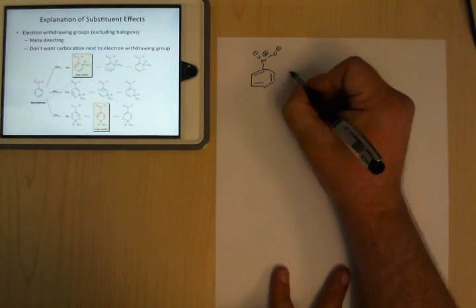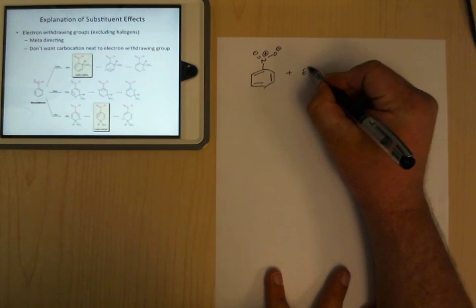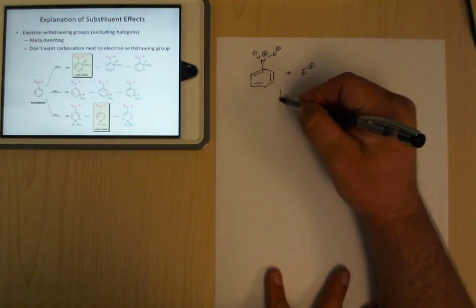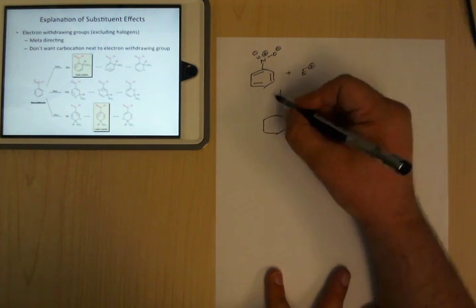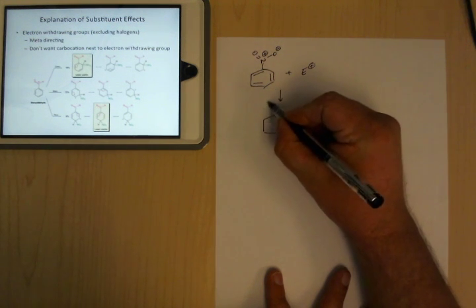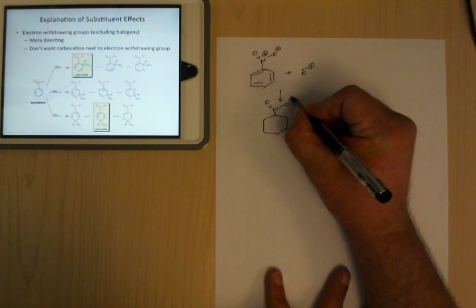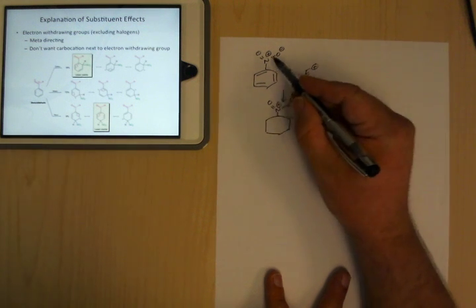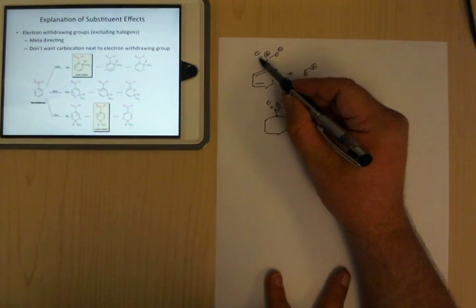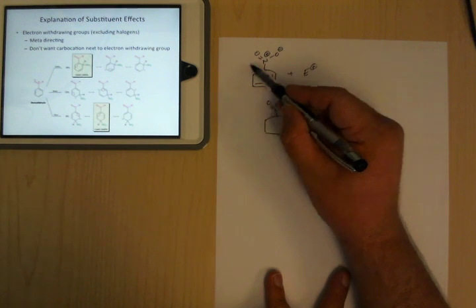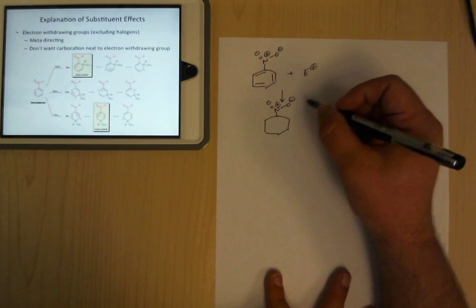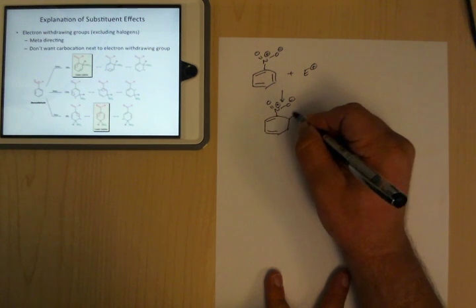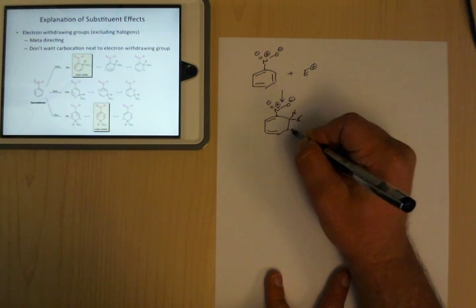Okay, so again, let's say we were going to put this into the ortho position, just like we were doing before. So the nitrogen has to have the octet, so this is one of the ways that you can draw that out. Okay, so again, it puts the positive charge there.